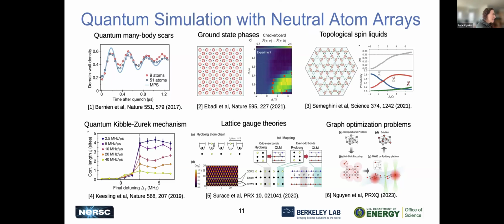And just to give you a sense at a high level of this area, neutral atoms are quite new, I would say, at least in terms of them being a very promising platform for eventual quantum computation.